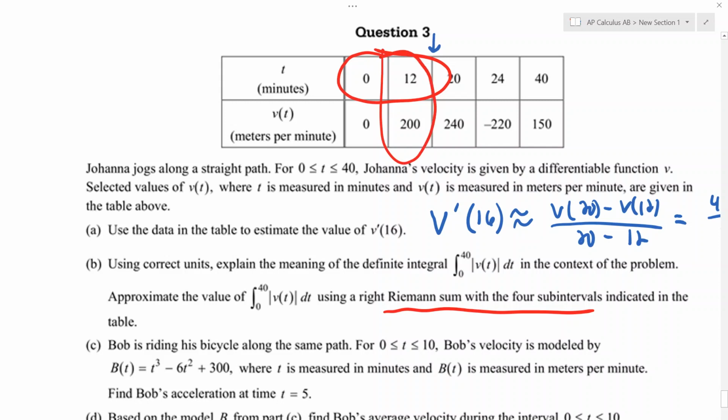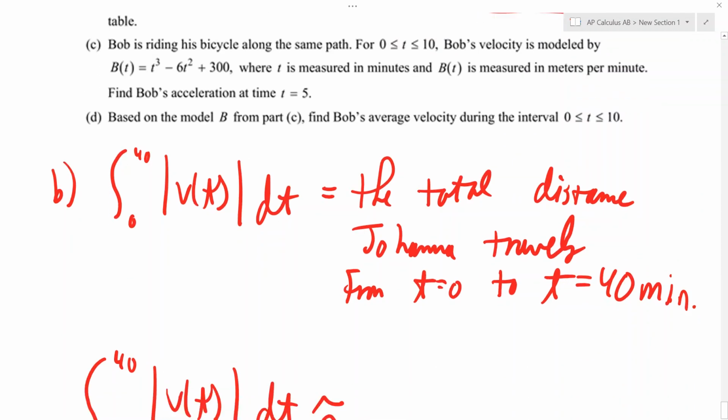That's the right side of that. Our next rectangle has a base of 8, because it's a distance of 8 there, and a height of 240. Our next rectangle has a base of 4 and a height of 220. Not negative, we're doing an absolute value here. And the next one has a base of 16 and a height of 150 on the right-hand side of that. Make sense?